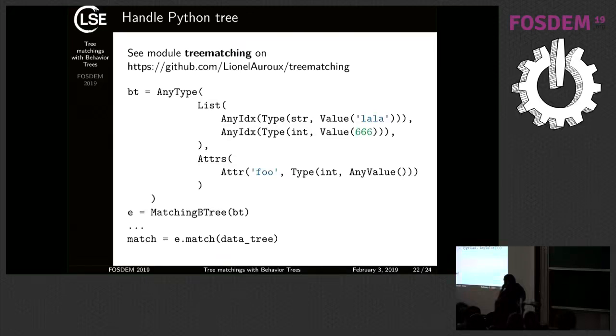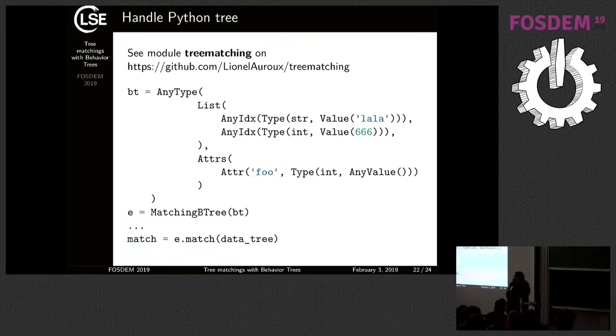I could just describe an attribute and precisely this attribute. I want a foo of type int, for any value, I don't care. I describe my pattern as an encapsulation of data, of class instantiation.